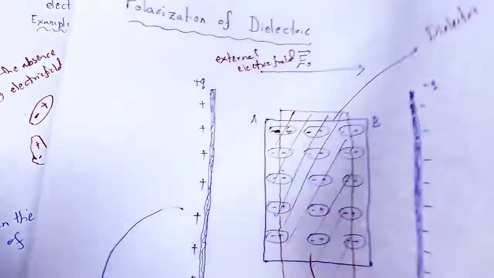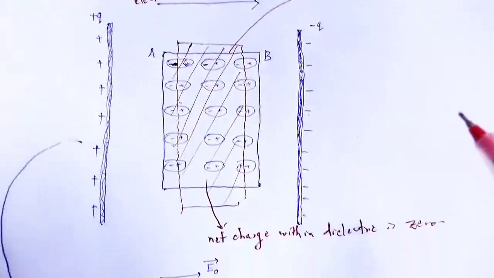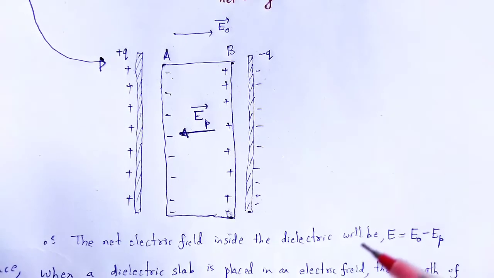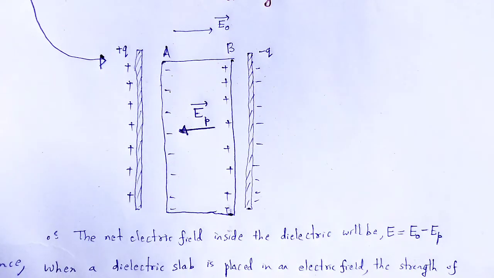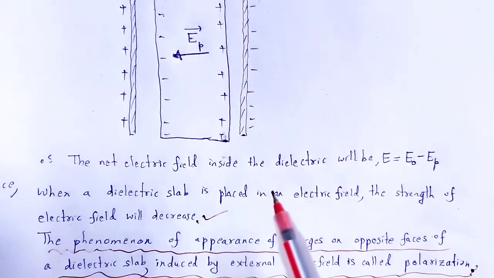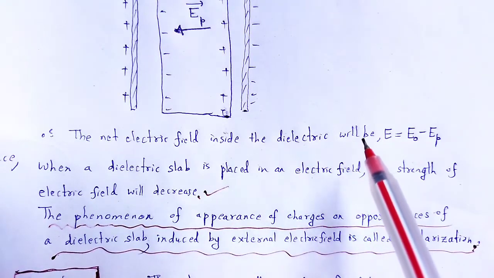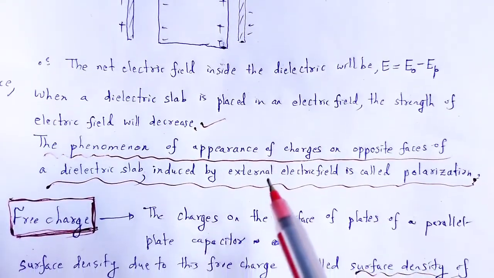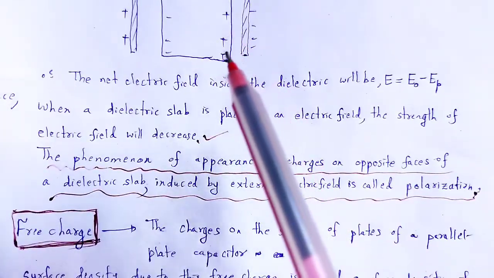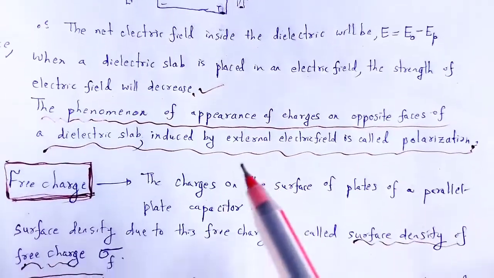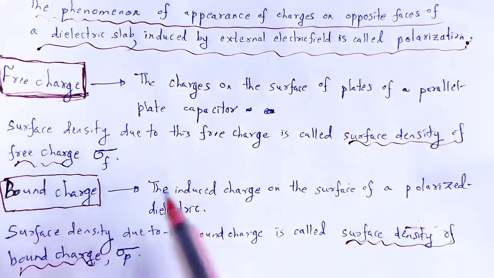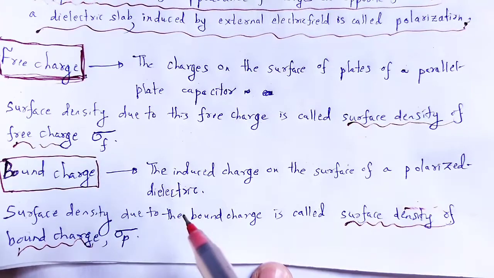And finally, the process of polarization of dielectric, how polarization takes place when an external electric field is applied, whether the dielectric is polar or non-polar. Due to polarization, the net electric field inside the dielectric will be decreased, and the phenomenon of appearance of charges on opposite faces of the dielectric is known as polarization. And what is free charge and surface density of free charge, bound charge, surface density of bound charge.